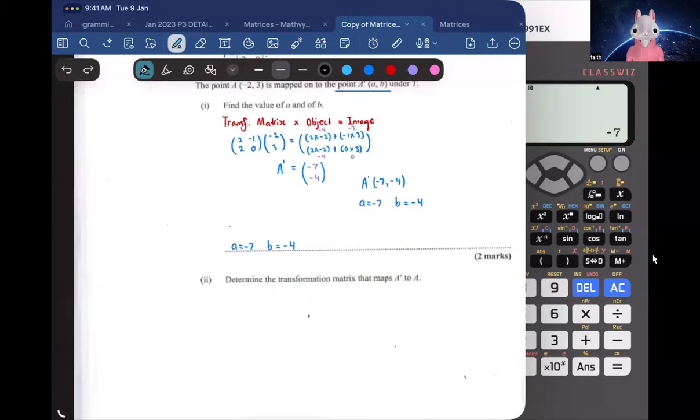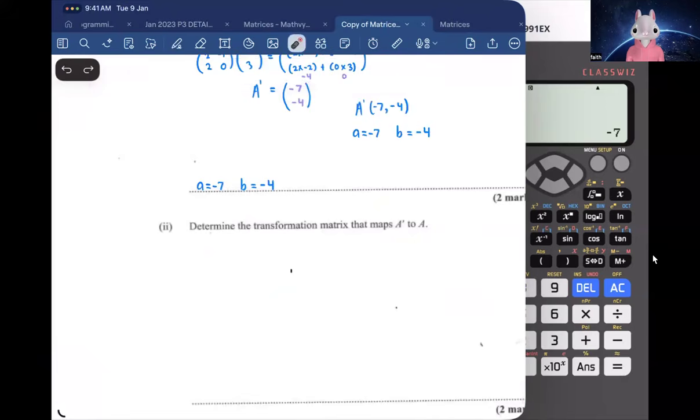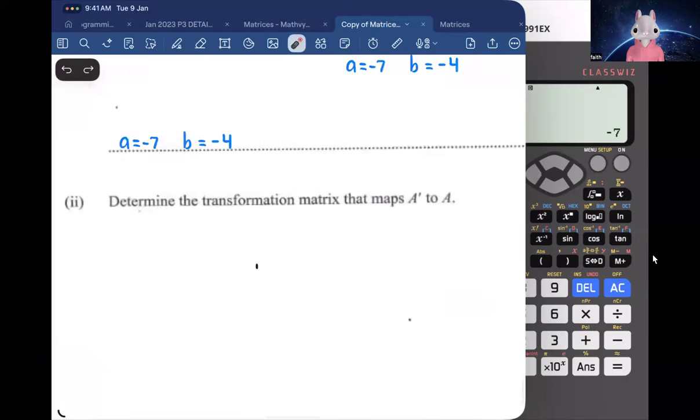Okay. And in this question, they wanted us to go from the image to the object. We want to know how you would go from the image to the object. How did you identify that?